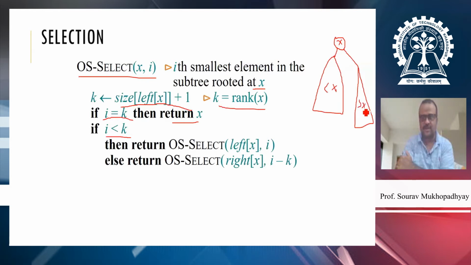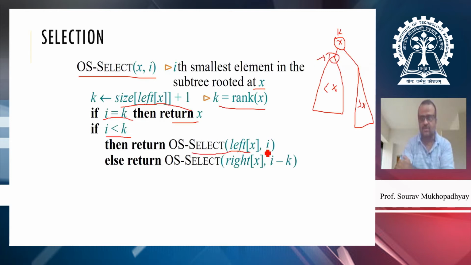This is the divide and conquer technique. Now the rank of this is k. Suppose we are looking for the ith smallest element, which is less than k. Then we have to look for the ith smallest element in this subtree. Again, this is a new root over there, and again we do the same thing.